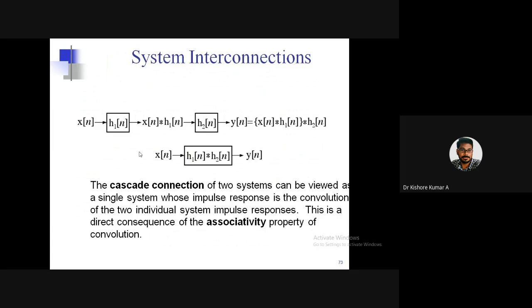And here also we can have the cascade connection and parallel connection of discrete systems.